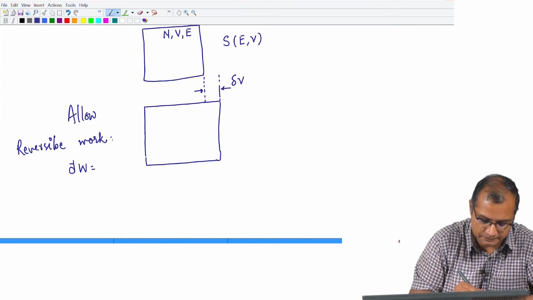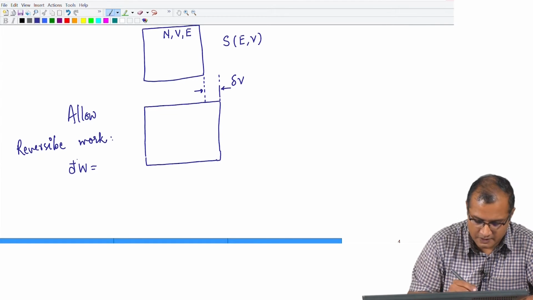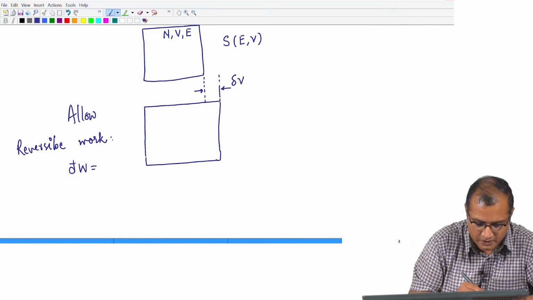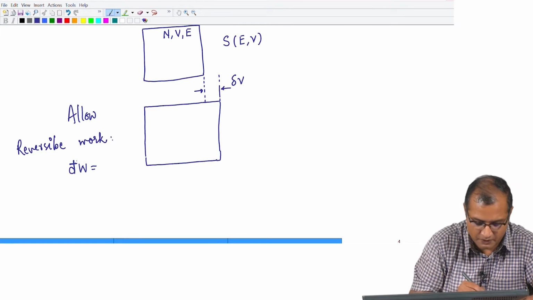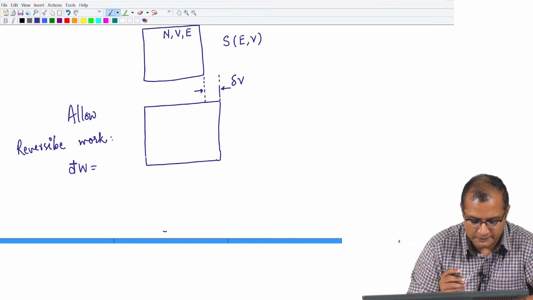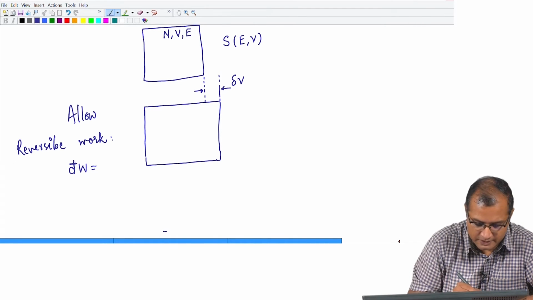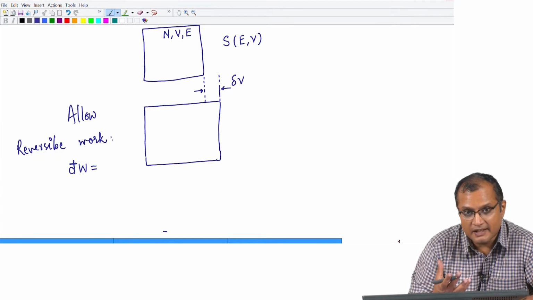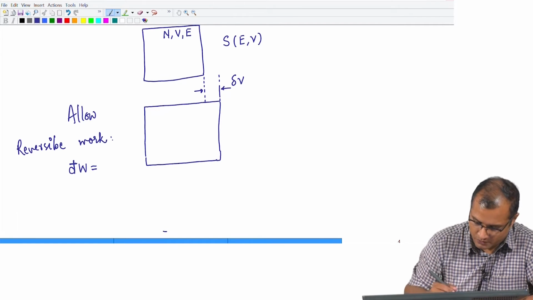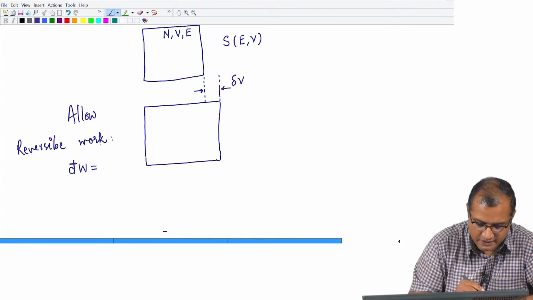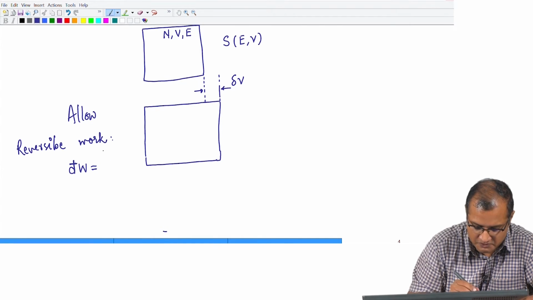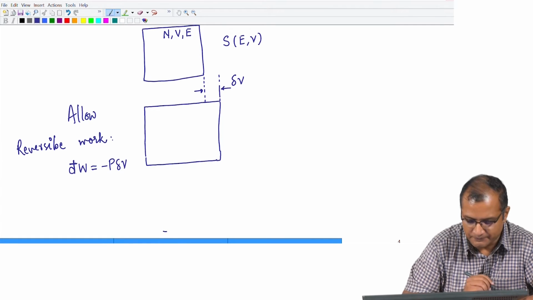I am using this horizontal bar here, which means that this work cannot be traced, it is path dependent. It is not an exact differential, and this is highlighted by this strike off, and I call it minus p into delta V.